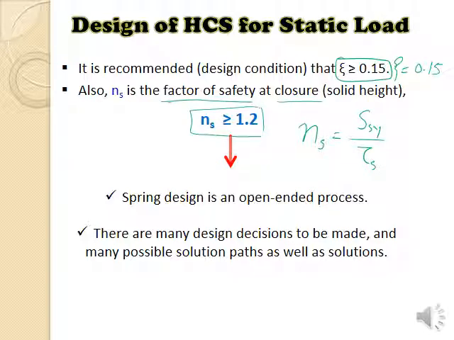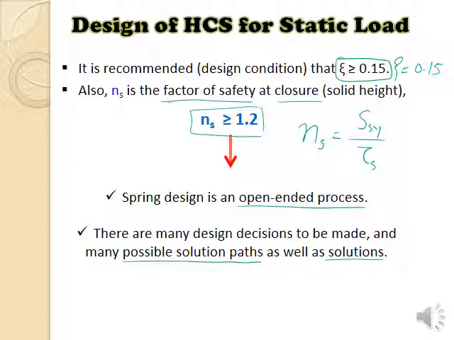That's another condition. With these conditions, we can start what we call the spring design process. It is an open-ended process. There are many possible solution paths, and there is not one solution, there is more than one solution. And that we will have in the design of helical compression springs.